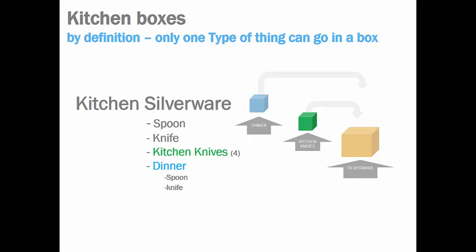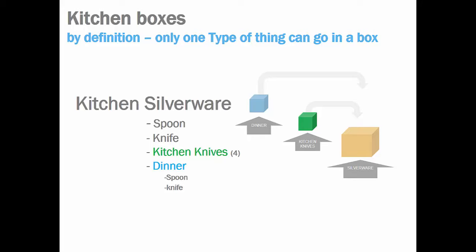Also, as I'm starting to pack, I start to realize, you know something? I don't want to pack individual things. What I'm going to do is get a big box called silverware, and I'll put stuff in it, right? For example, I've got my big box of silverware. I put my spoon, a knife, and I'm going to toss in the 4 kitchen knives that I had in the previous slide.